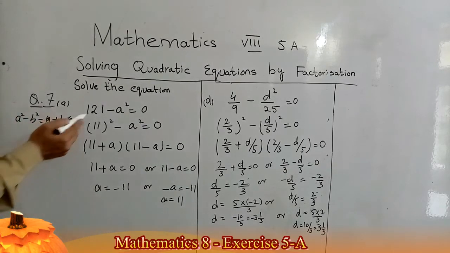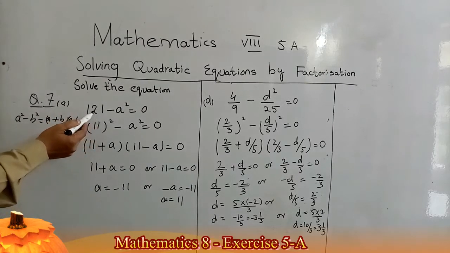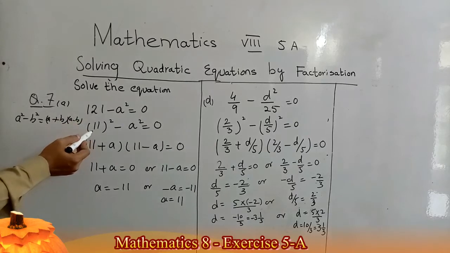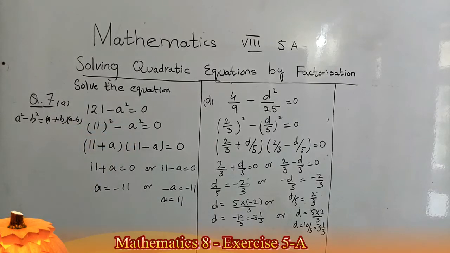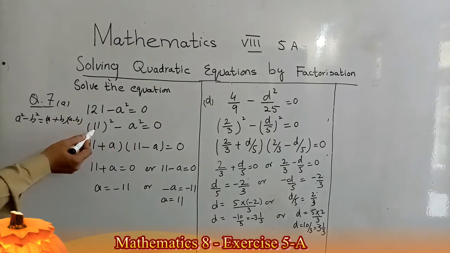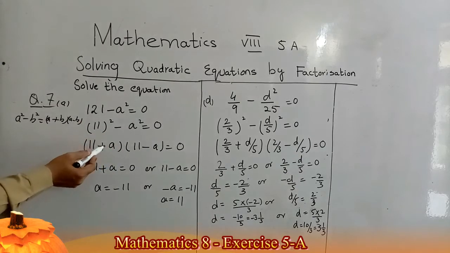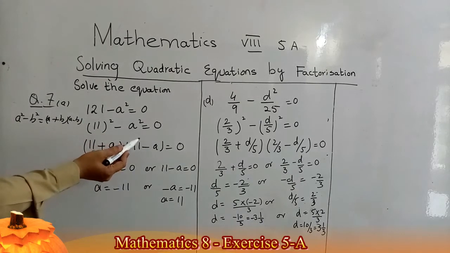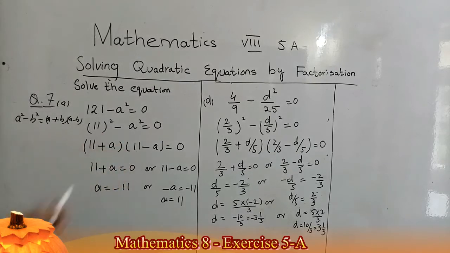So I convert 121 into 11 square, because 11 square is equal to 121. So a square minus b square is equal to 0. I convert the above question into a square minus b square. Here a is 11 and b is a. So a plus b into a minus b means 11 plus a into 11 minus a.